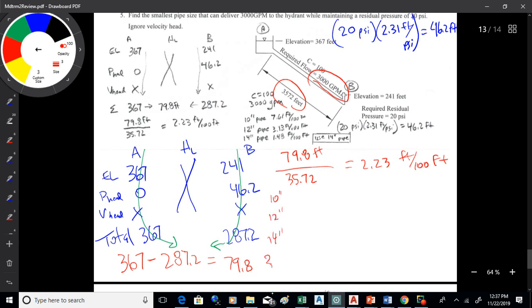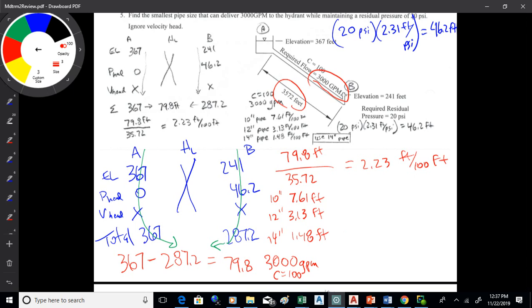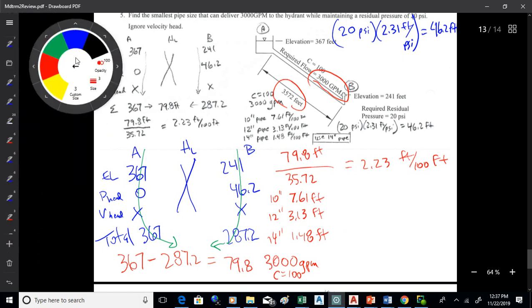We're looking at 3,000 gallons per minute and C100. For 10-inch, it looks like we got 7.61 feet per 100. For 12-inch, we got 3.13 feet per 100. And for 14-inch, we got 1.48 feet per 100. I'm just pulling that off the chart for each one of those pipe sizes.